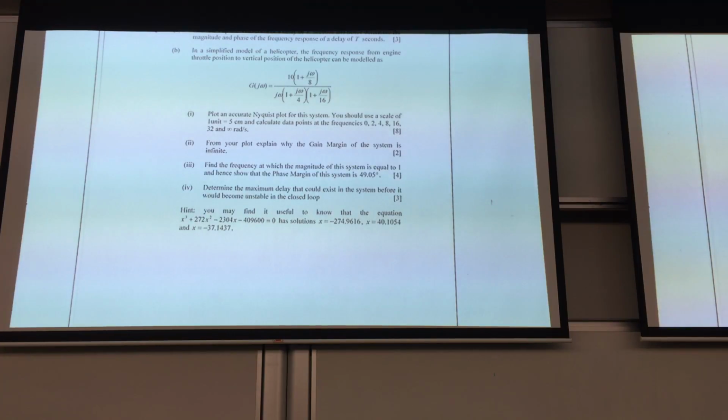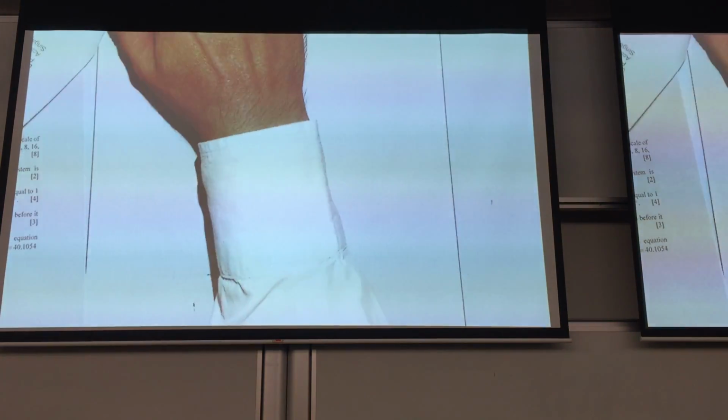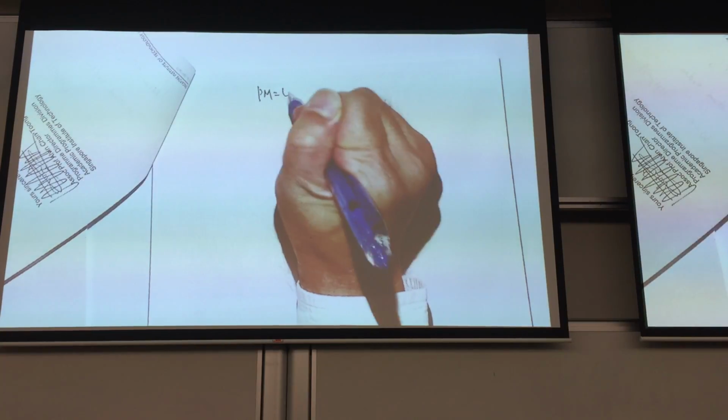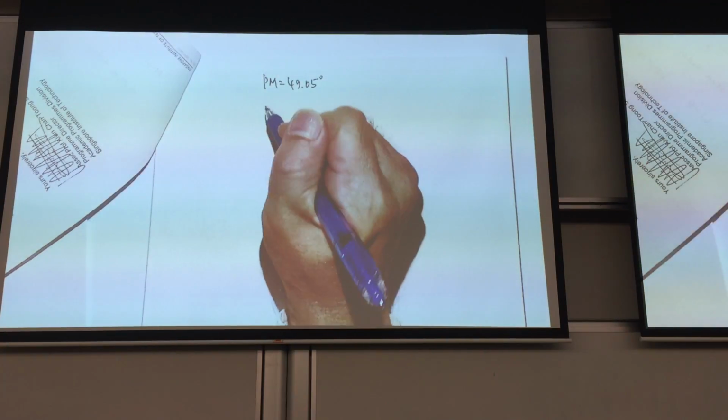Determine the maximum delay that could exist in the system before it would become unstable in the closed loop. So two things you need. If we assume that the phase margin is equal to 49.05 degrees, how do we actually work it out? We need to convert it to radian.